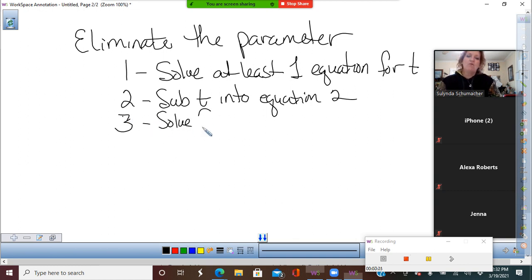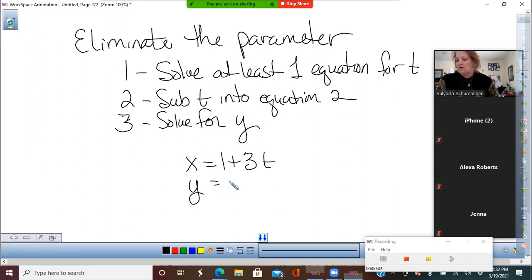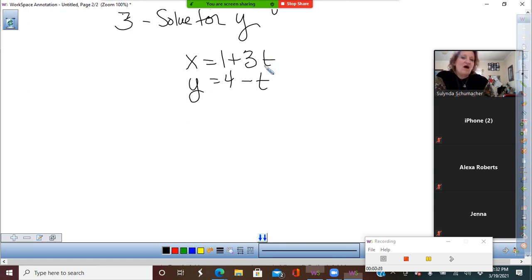Solve for y. So let's say the two equations I've given is, I don't know, x equals 1 plus 3t, and how about y equals 4 minus t? We're going to begin by solving for t so that I can get rid of it.